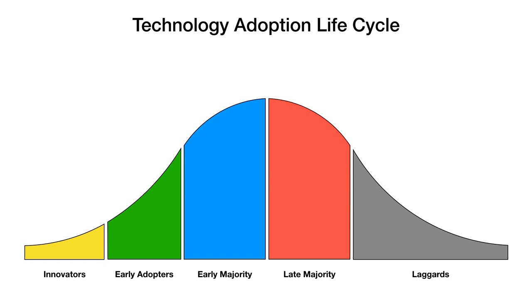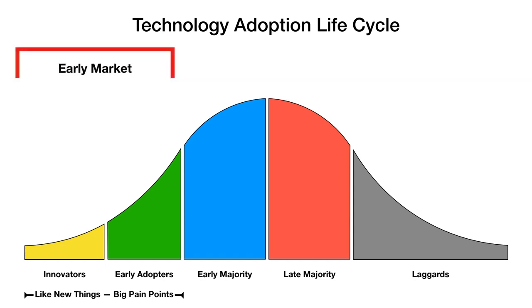Now, one thing I want to point out here is that these innovators and early adopters, these are the folks that like new things, that they have big pain points, they have some sort of vision. So this is really the early market for any new technology. And all the rest of the people included underneath this curve here need complete and reliable solutions.